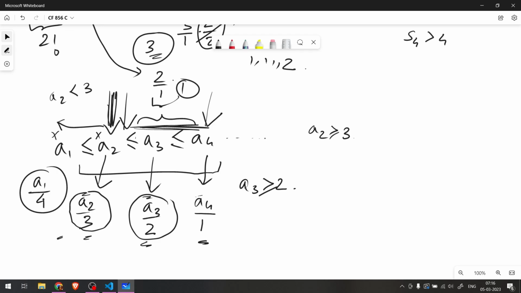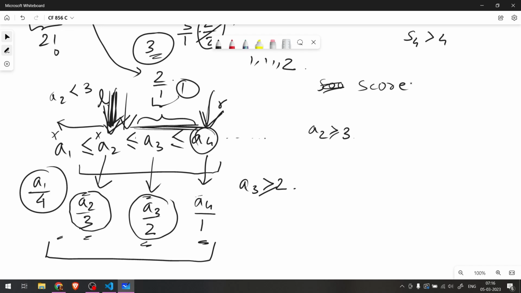So this is the breakpoint. Our goal is to find this breakpoint, and the rightmost value will always be the maximum. So for a prefix that ranges from here to here, this will always be the R value and this will be the L value. And we are asked not the score but the cost.